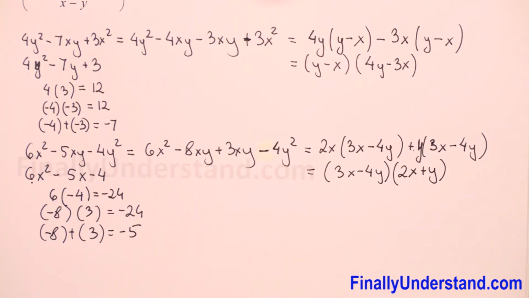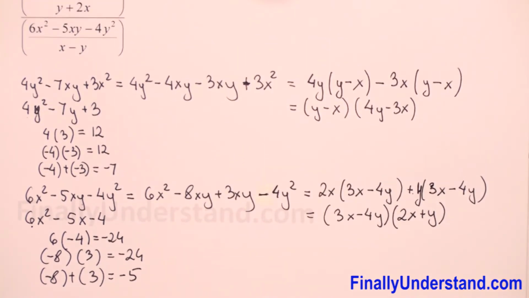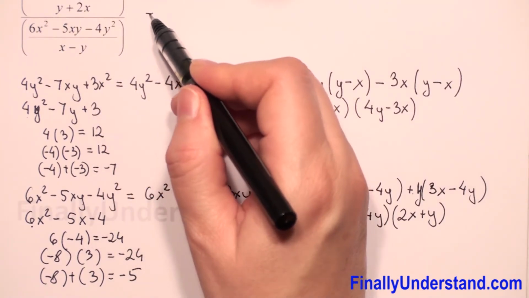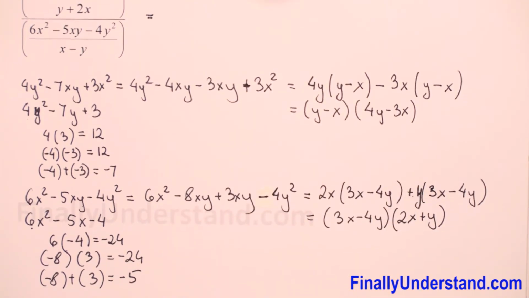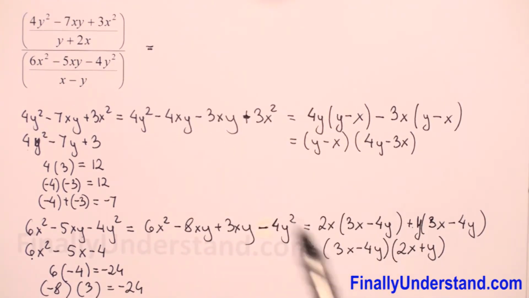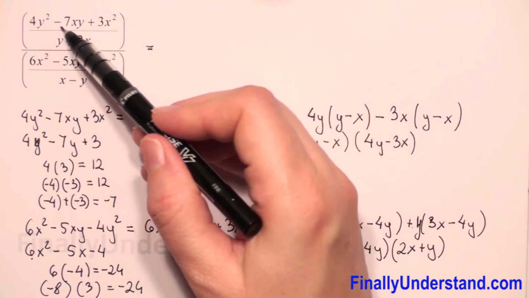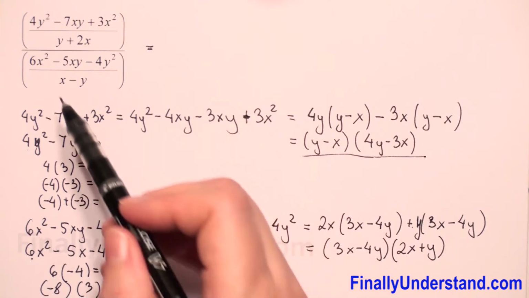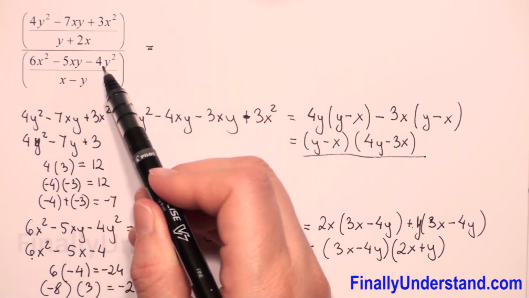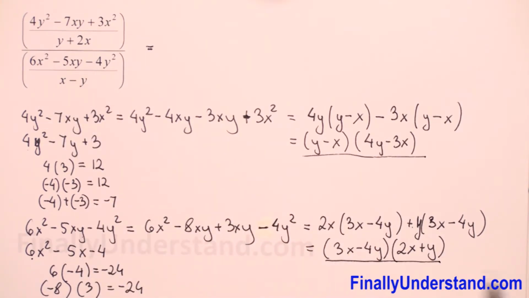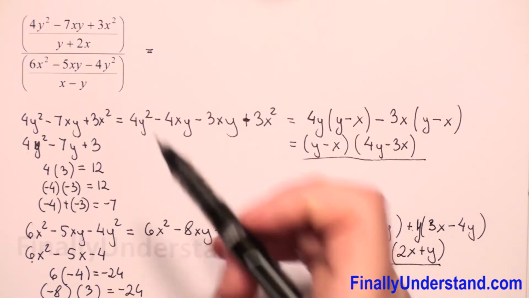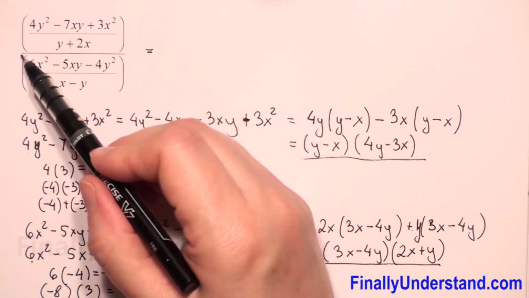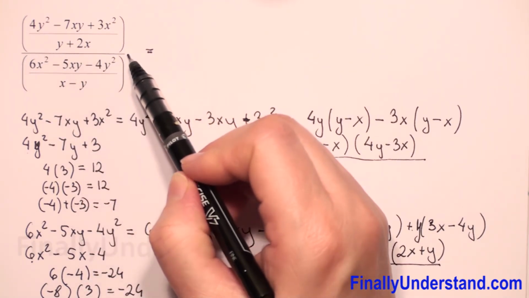Now we can come back to our complex fraction. This is equal. We can rewrite our numerator to this, and in the denominator this expression to that. And also I will change this to division because the fraction bar means division.